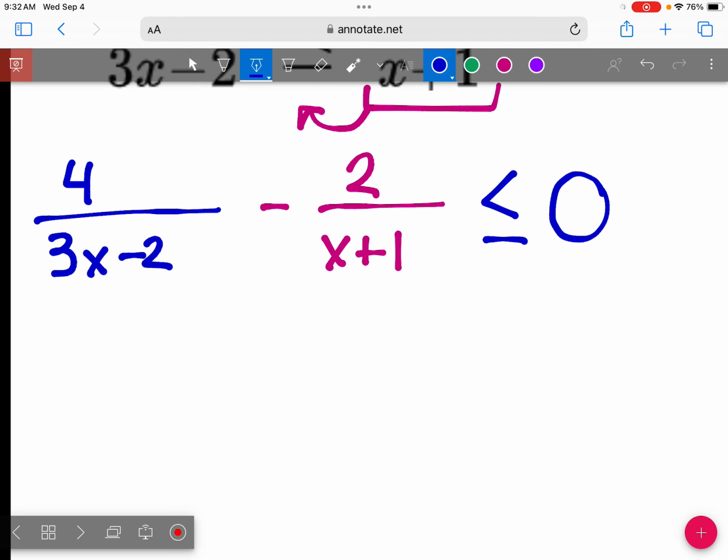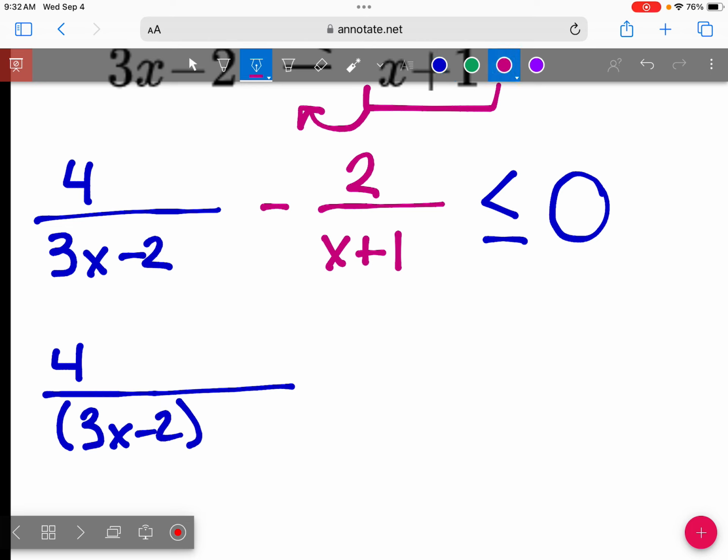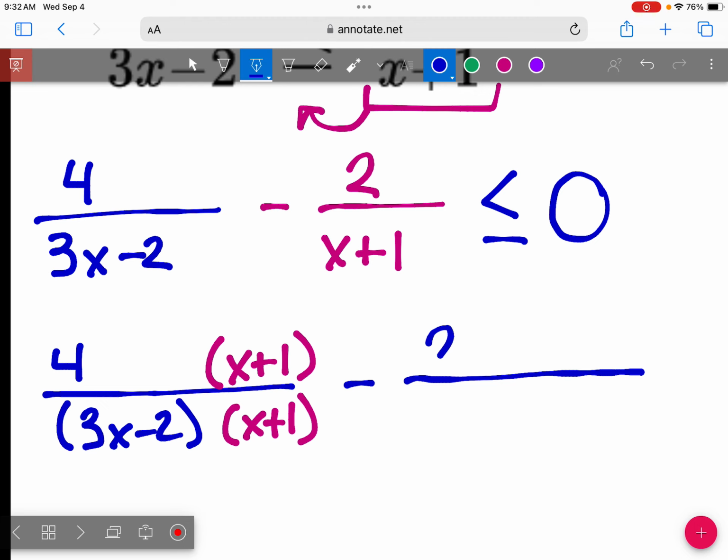Yep, so we're going to need to take our 4 over 3x minus 2 and multiply it by what? X plus 1 over x plus 1. We're getting to a common denominator here. And then I'm subtracting 2 over x plus 1.